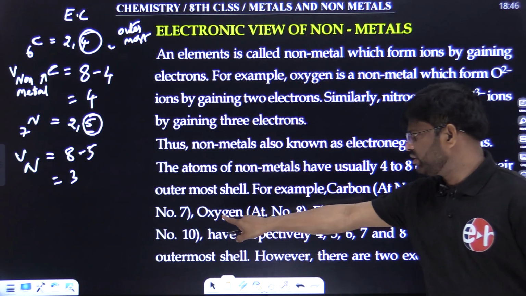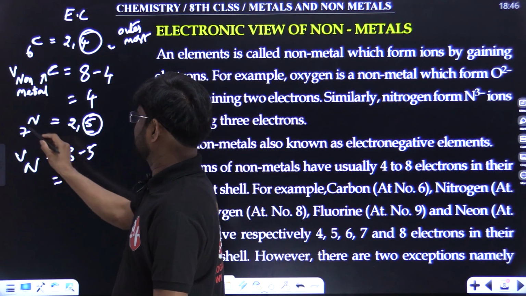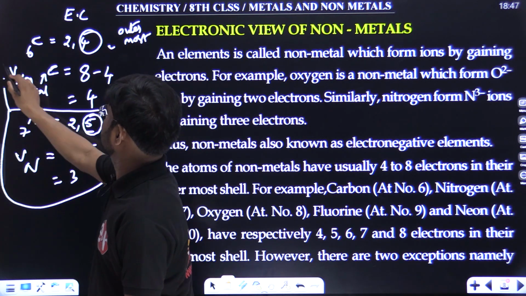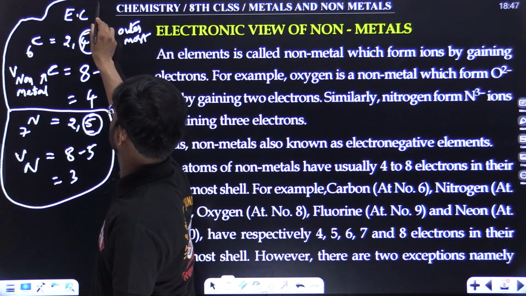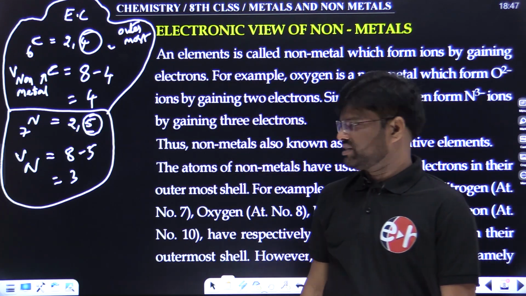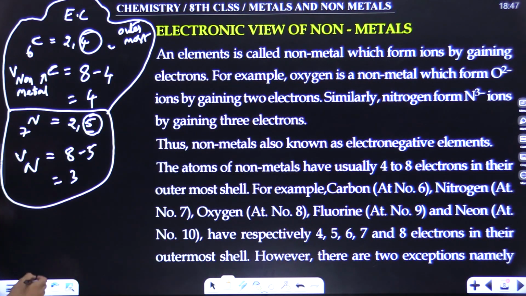Next, carbon, nitrogen, oxygen. Oxygen has atomic number 8, this is example number 1, and this is example number 2. Oxygen 8 is 2, 6.